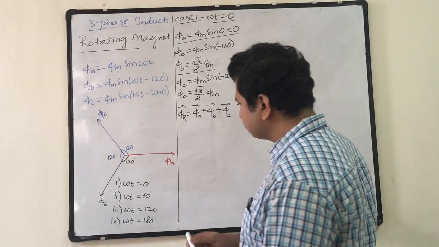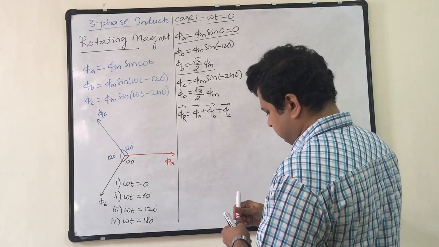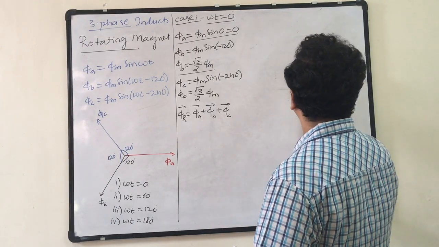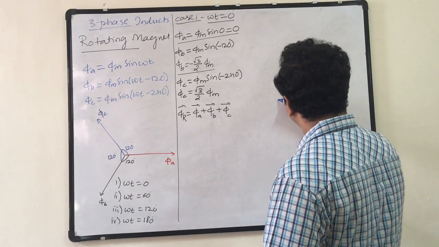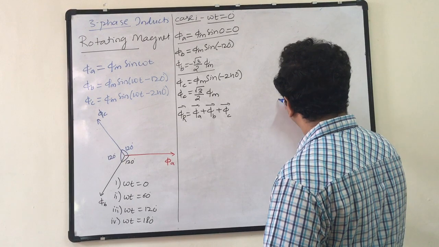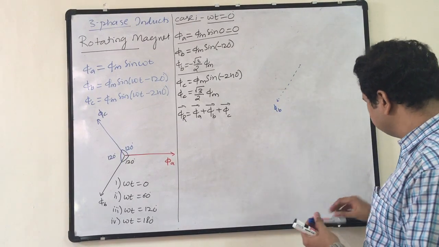Phi b, the actual, here I will take reference. This is the actual phi b. Oh, phi b was in black color.